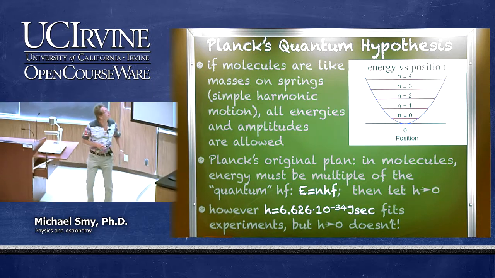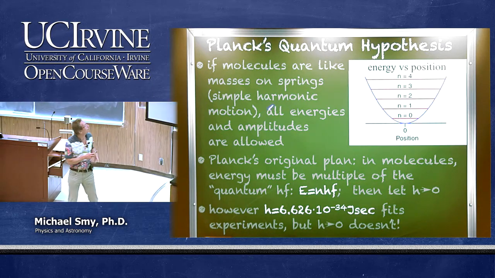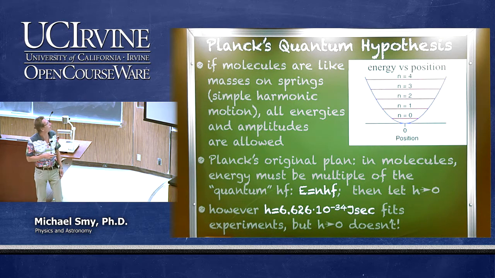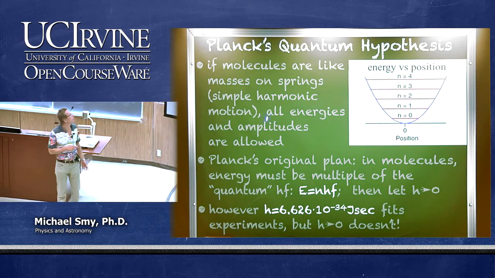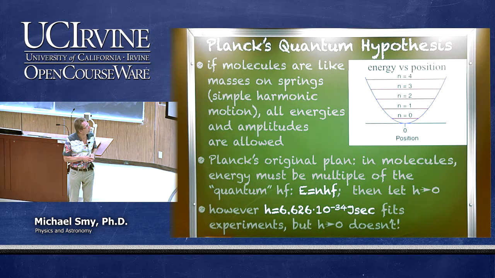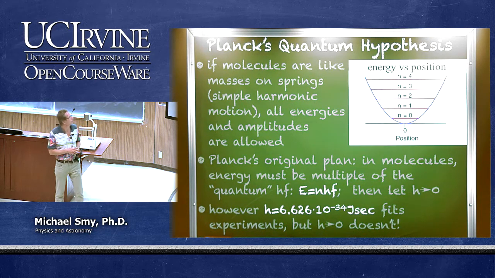So what does it mean? So if we assume that molecules are like masses on springs, then we have a simple harmonic motion, and all energies and all amplitudes ought to be allowed. So if we look at the potential energy as a function of position, it looks like a parabola. And so anything on this blue line is an allowed value for the energy.